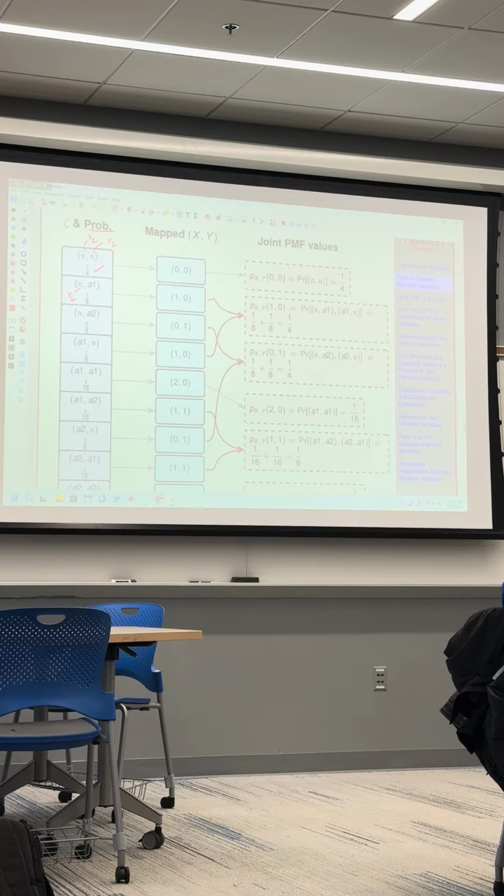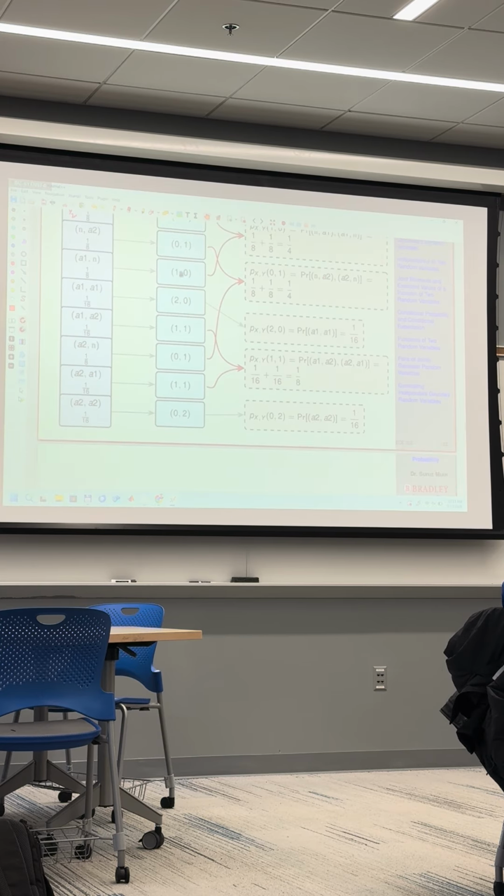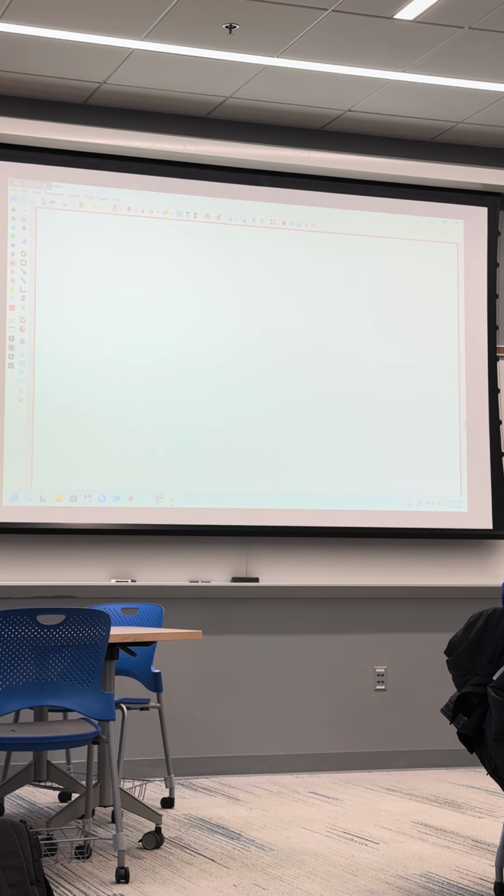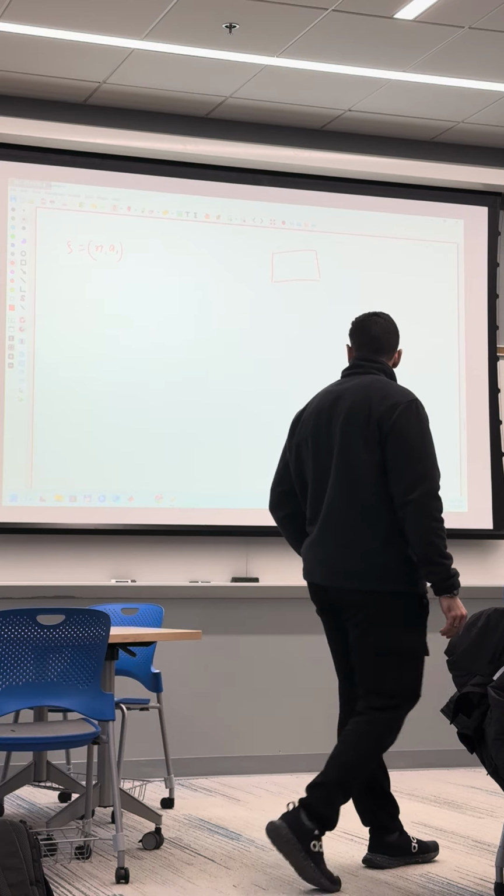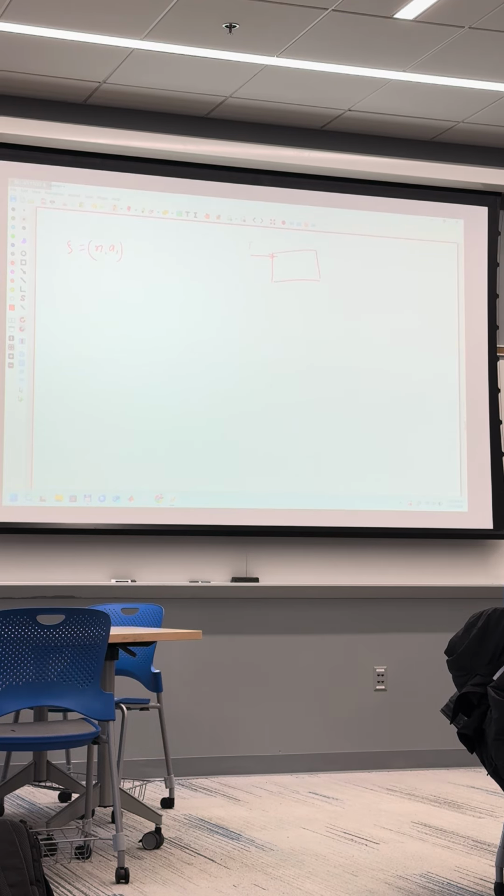I'm just going to write it down. So let's talk about this outcome. One outcome is N A1. What it means, we have input port number I1, let's say this is I2.